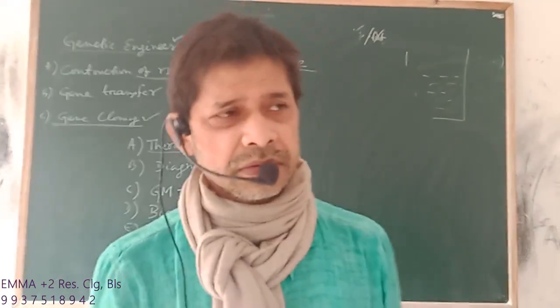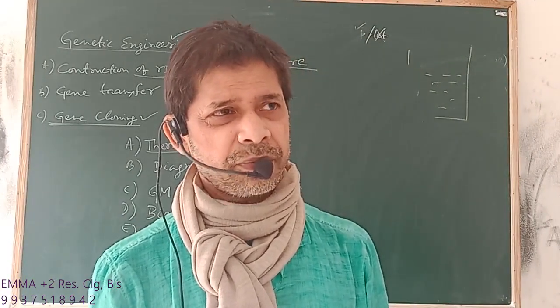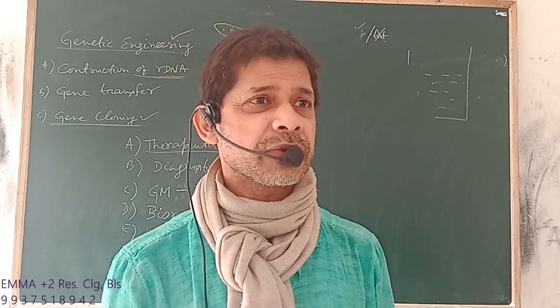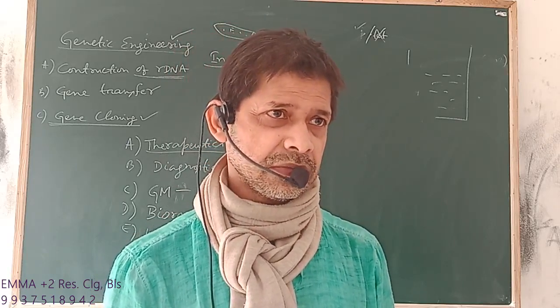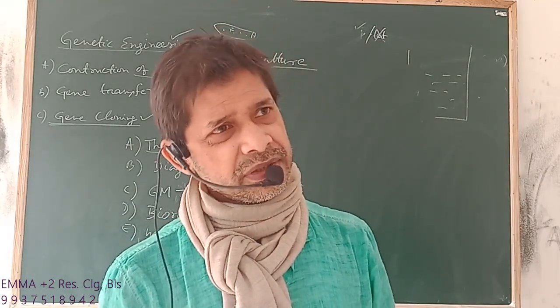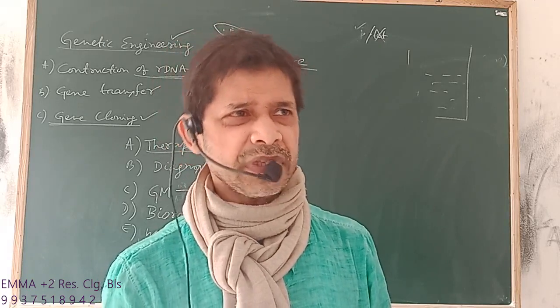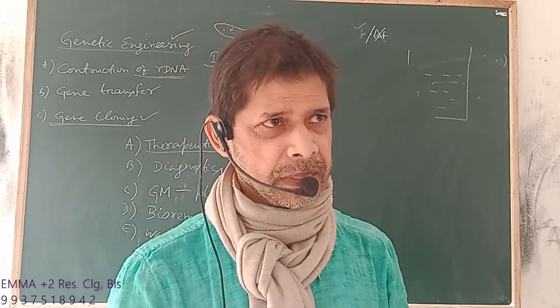All of you know, in one class I told you the purpose of agriculture is food production. Again, increased food production. Traditional cultivation giving us food supply is not sufficient.